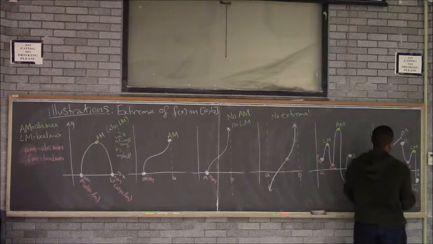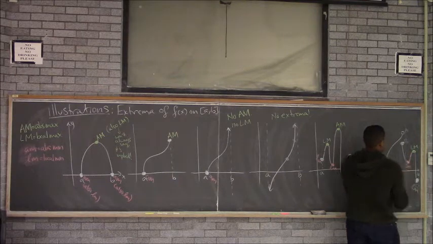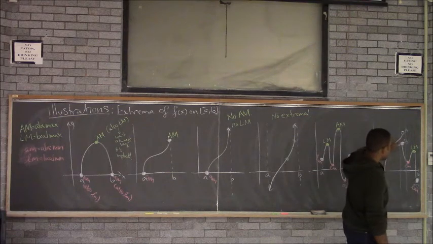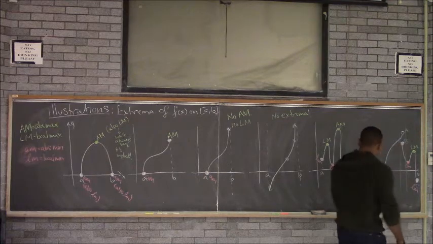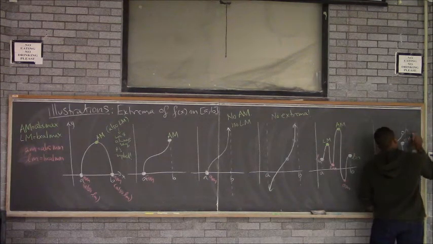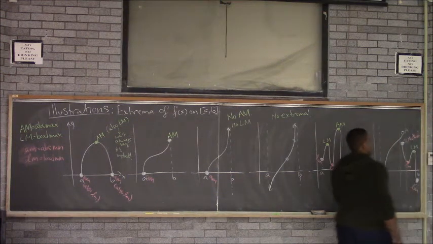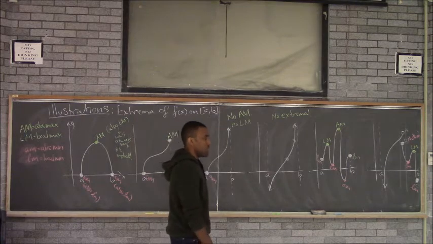We put on blinders where we only look a little bit to the left and a little bit to the right of that point. Is that point the highest point in that strip? No, there are points up here. Is it the lowest point in that strip? No, there are points down here. That's nothing. B is nothing. It's not the highest point in this region. It's not the lowest point in this region.